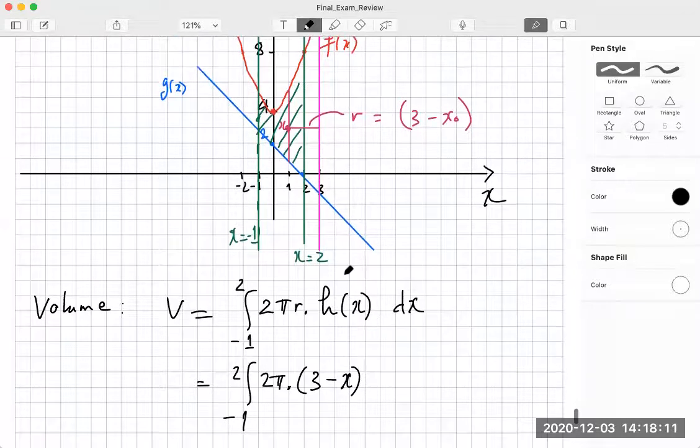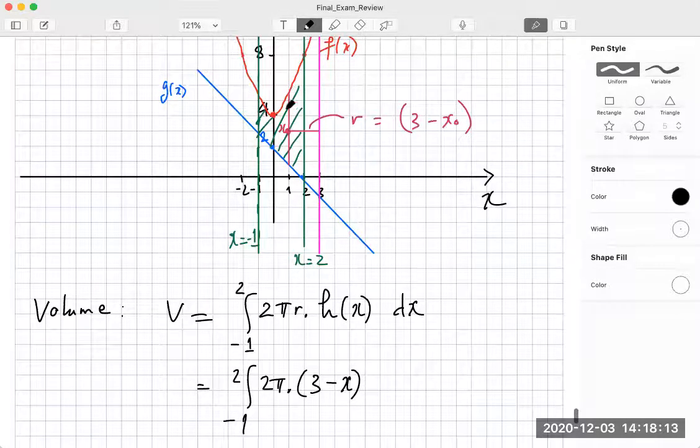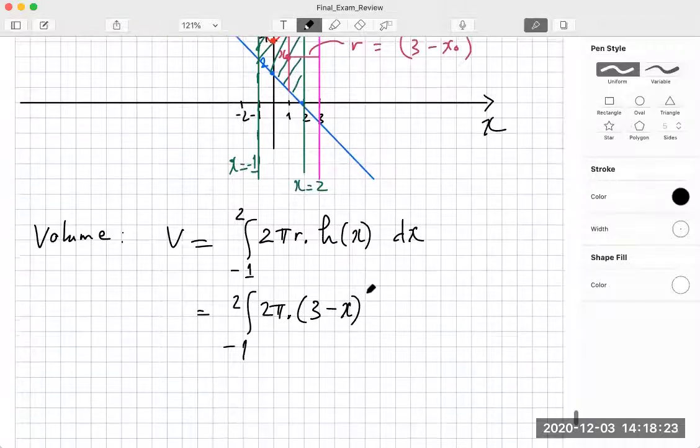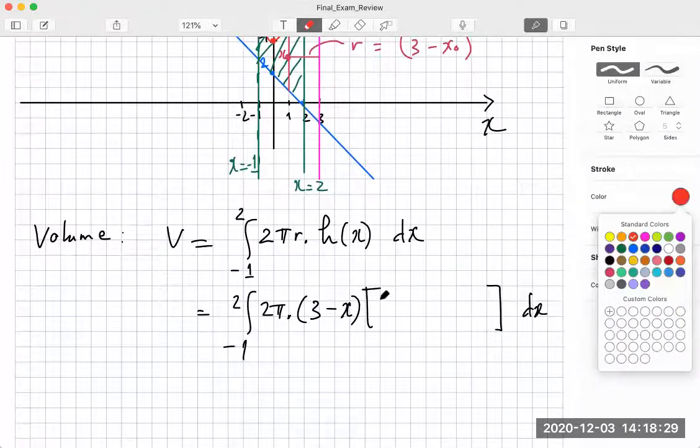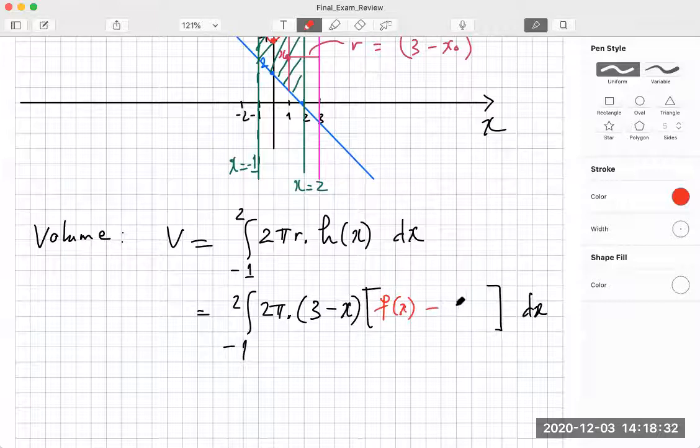And the height of this cylinder is the distance from the line g to the line f, right? And f is larger than g. So we know that it is f of x minus g of x.